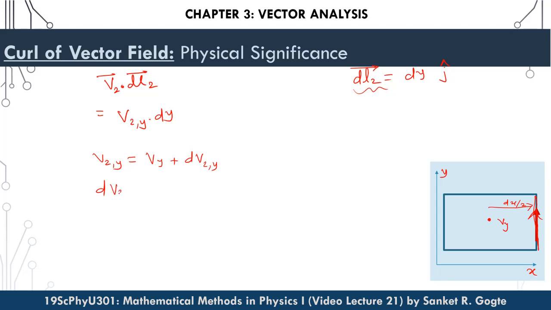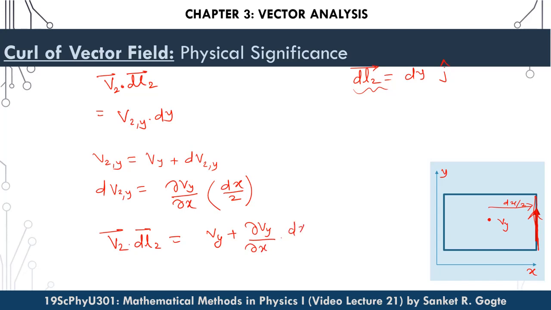Therefore dv2y, or the change that occurs in the y component when we change x, is dou vy by dou x, the rate with which the y component is changing, multiplied by the change in x, which is dx by 2, and it is positive. Therefore v2 dot dl2 is equal to vy plus dou vy by dou x into dx by 2 into dy.